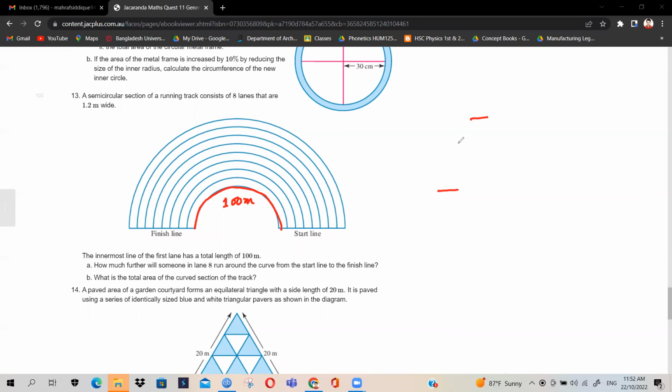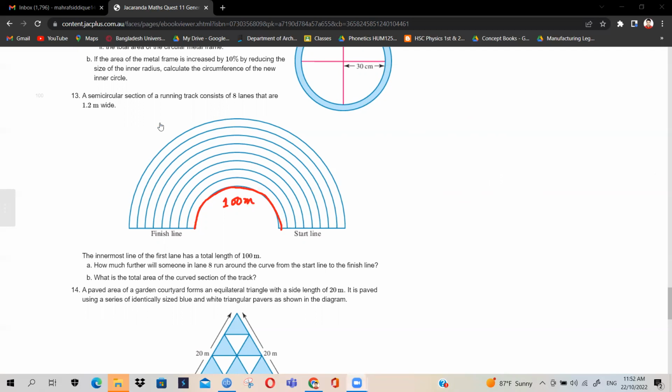Otherwise if they start at the same point, then it's like a rectangular path. So I don't understand what kind of math this is. For math it is okay, but there is no such race where someone in the eighth lane has to run more and someone in the first lane has to run less. So that is not the case actually.